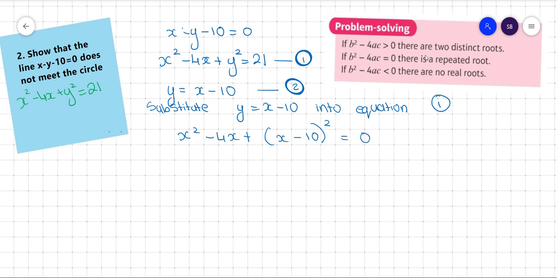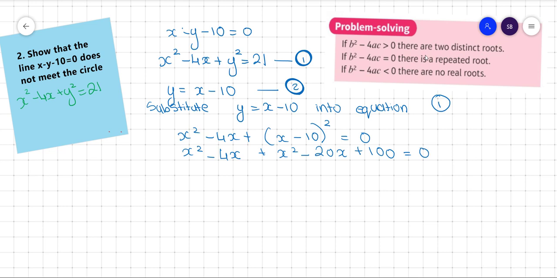So, you are left with x squared minus 4x plus (x minus 10) whole thing squared is equal to 21. So, left with x squared minus 4x plus x squared minus 20x plus 100 is equal to 21.